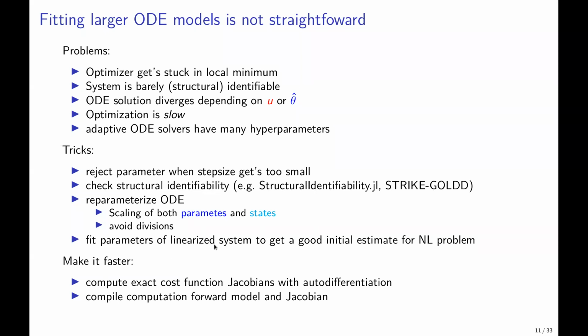Yes, and then finding good initial parameters for the nonlinear solve by solving a related approximate problem. This is what I will talk to in the next slide. And then you can also make it faster by compiling it and so on. I'll quickly talk about it later.